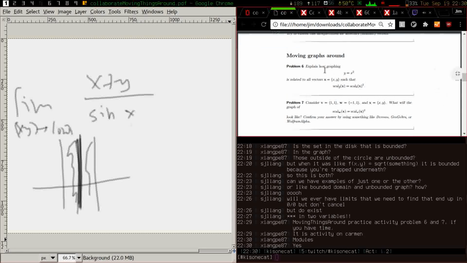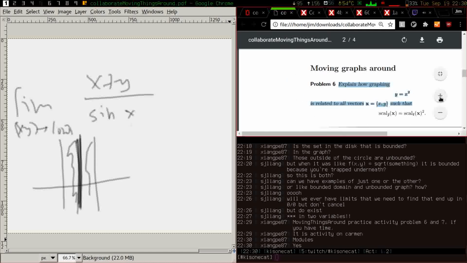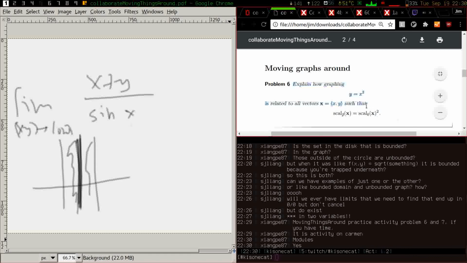Yeah. Okay. So this kind of problem here, let me zoom in a little bit, is really asking you to think about the fact that computing the scalar projection of the vector (x, y) onto j really amounts to calculating y, and computing the scalar projection of the vector (x, y) onto the standard vector i is the same as x, the number x.